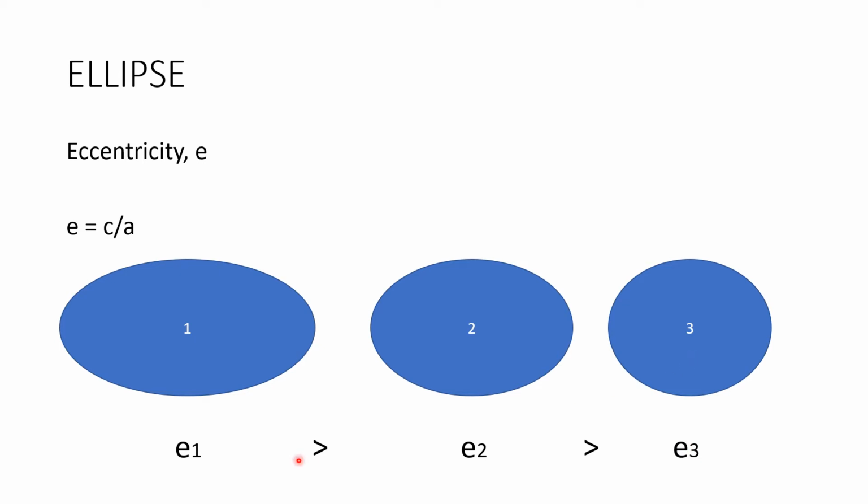As you notice, ellipse number 1 has the largest value of eccentricity, meaning it is the most elliptical among the three figures. Now, this third ellipse, which has the least value of eccentricity, is becoming more circular because the value is getting closer to 0. The eccentricity of a circle is 0, while the eccentricity of an ellipse can only be between 0 and 1.